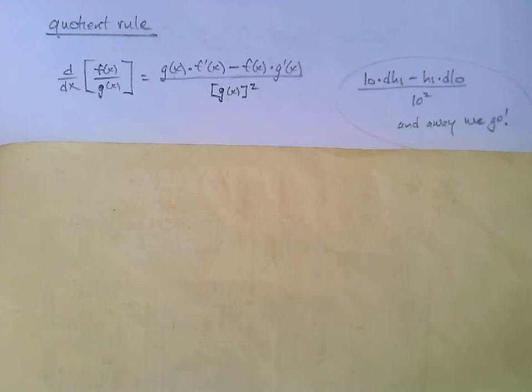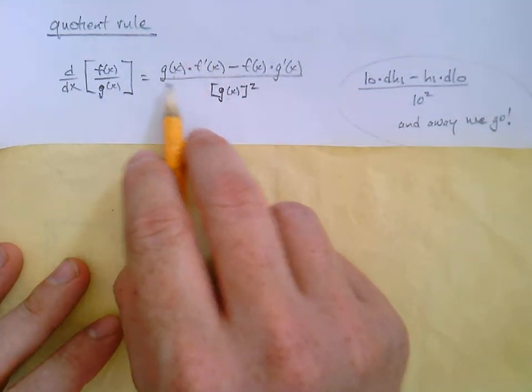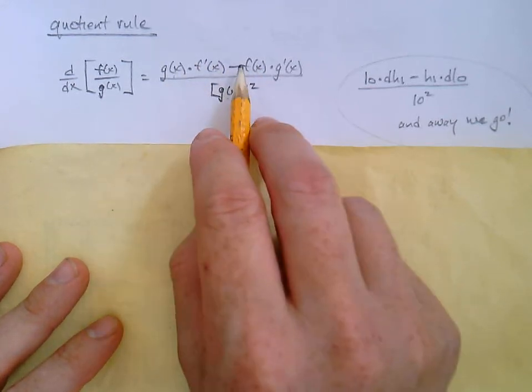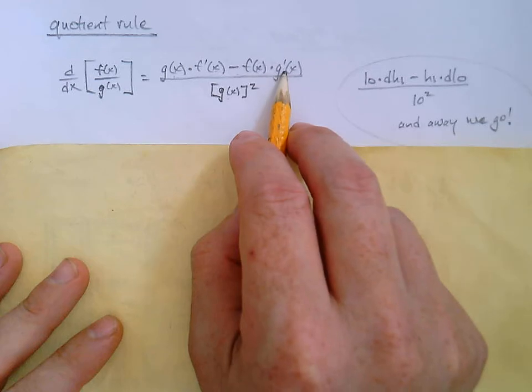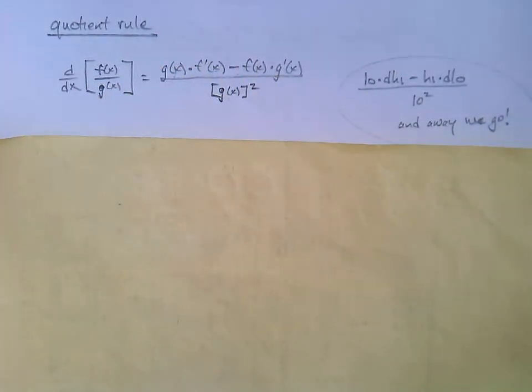The product rule, you could say it's forgiving in a way. The quotient rule is not forgiving. And the big difference here is the subtraction. A lot of times people mix up that it's g f prime of x first and then subtract f g prime. And they might end up reversing those, or there might be some other problems as well.